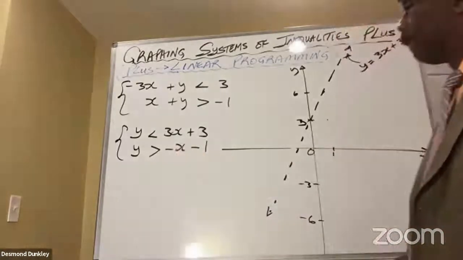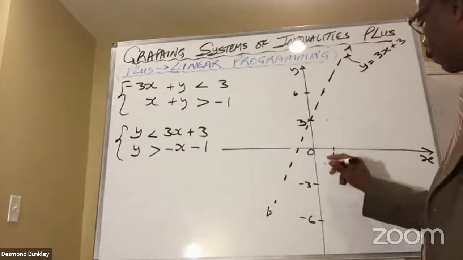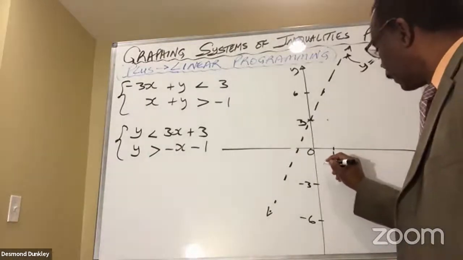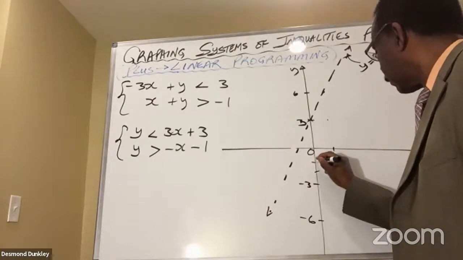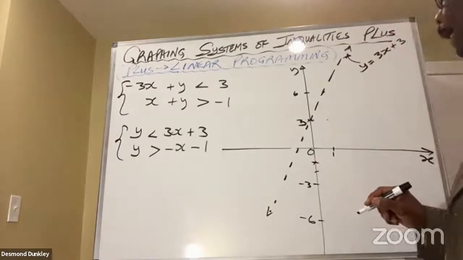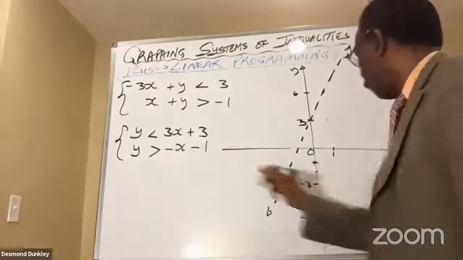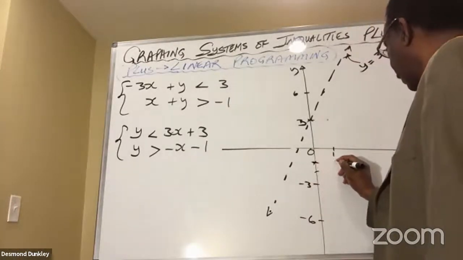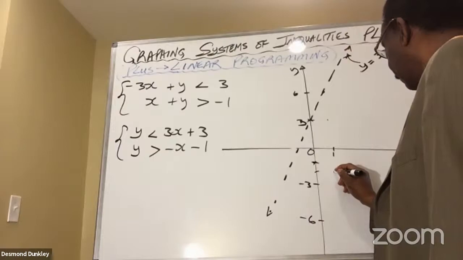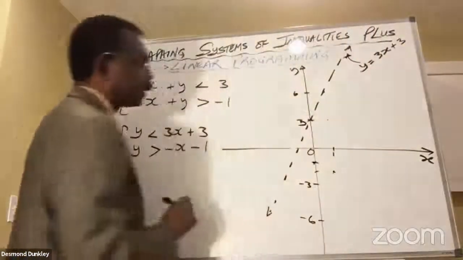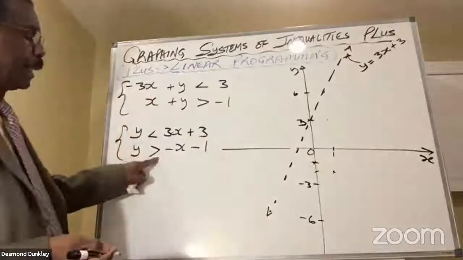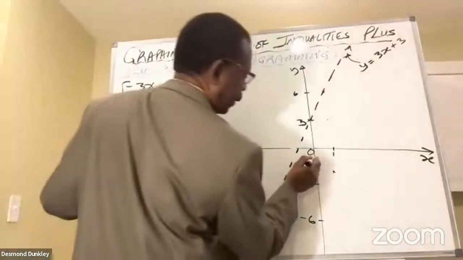This is a negative slope. So the intercept is -1, and slope is -1 means that you go across 1 and you go down 1. Again, this one is a dotted line.